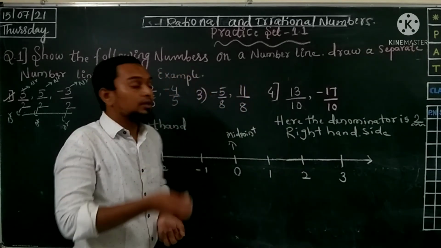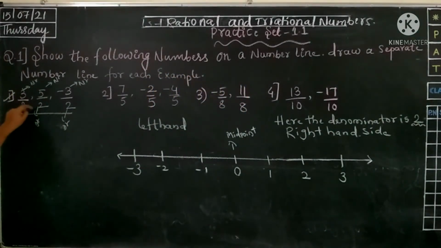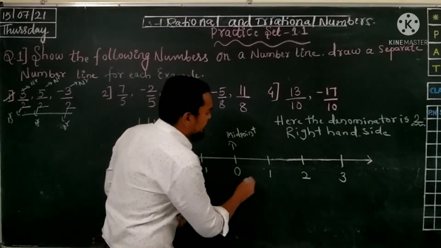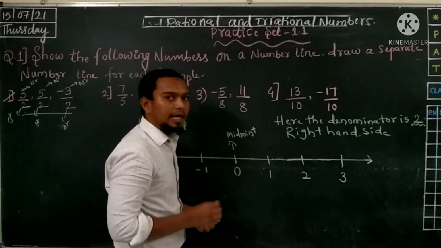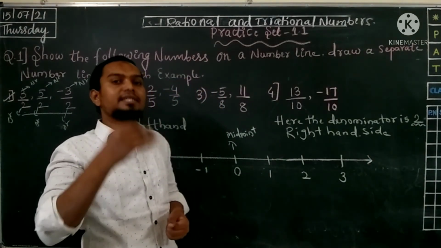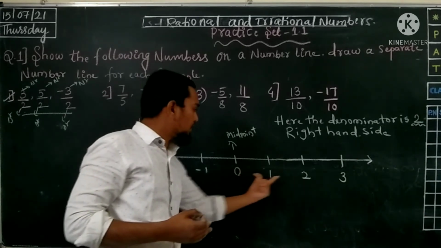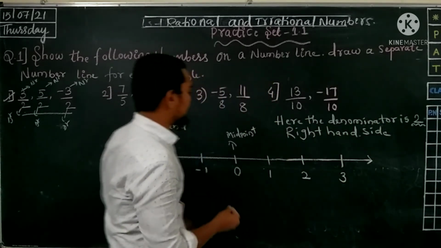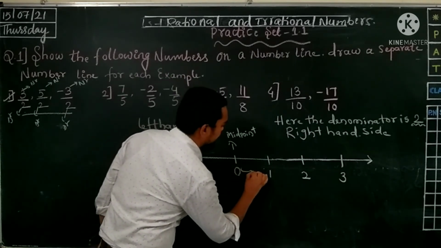Why are we taking 2? Because the denominator is given. The difference between any two consecutive numbers is the same.